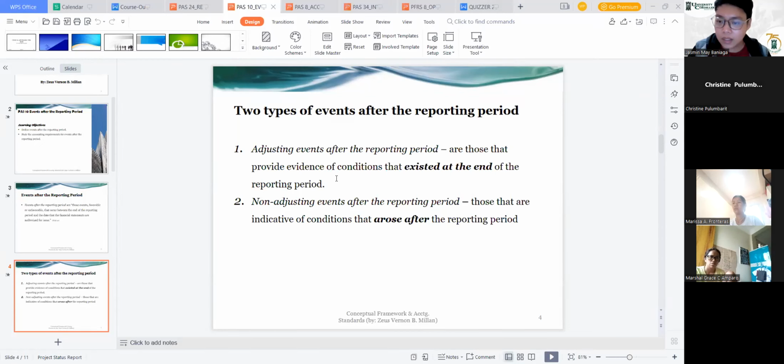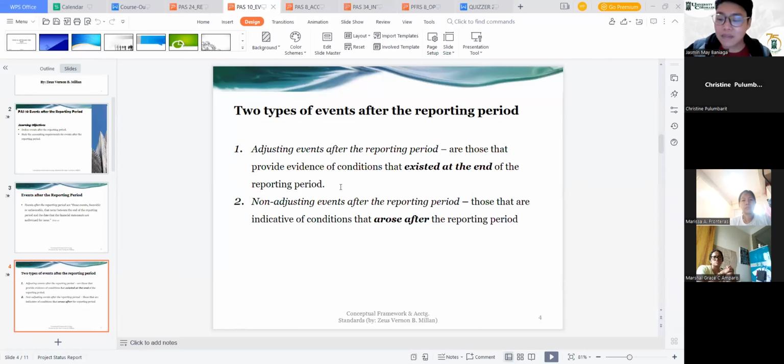But the transaction related to the receivable really happened, let's say, November 1, 2022. So it really happened within the year 2022. That is number one, adjusting events after the reporting period. You only figure out the amount after the reporting period, but the origin, the transaction, really happened in year 2022. So we need to report such. We need to update. That's why it's called adjusting events after the reporting period.